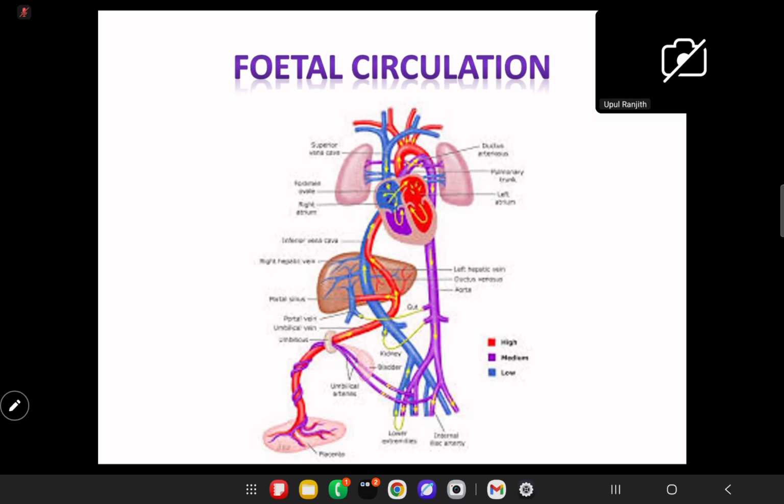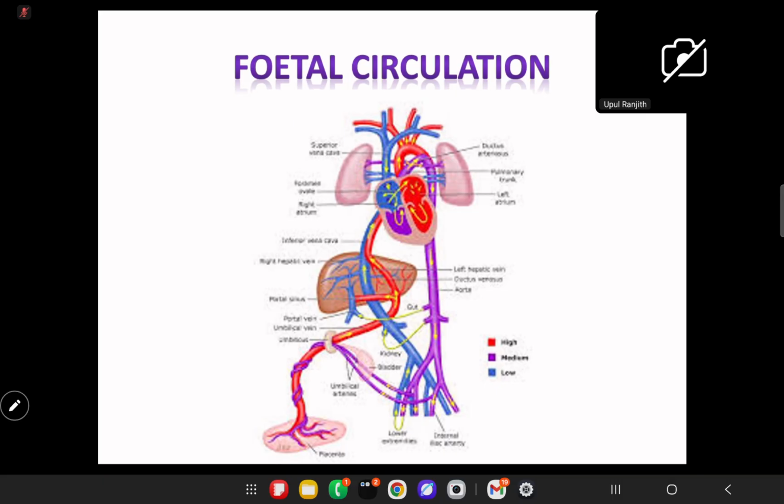That better oxygenated blood will go to the left atrium and then the ventricle, and through the aorta, it will deliver oxygenated blood to the brain and right upper part of the body.